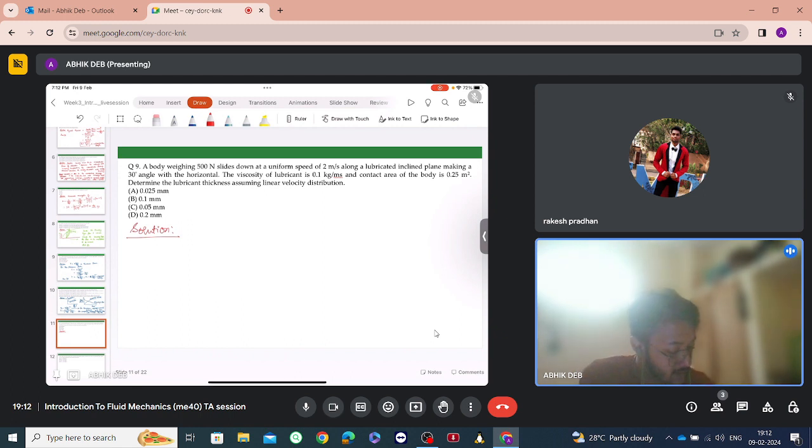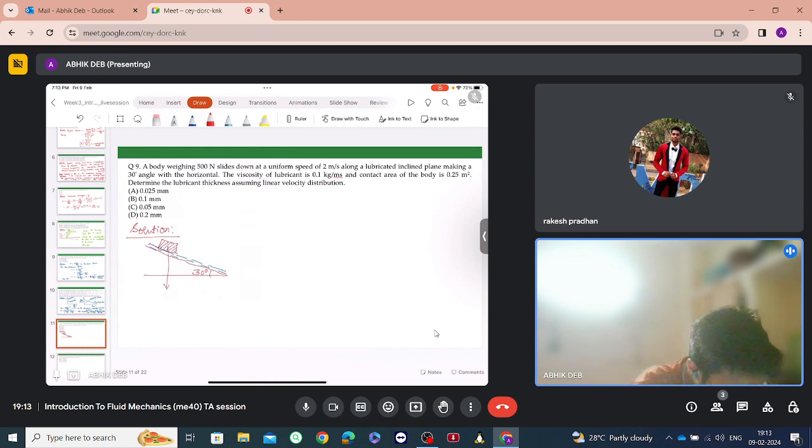What is the problem here? This is an inclined plane making an angle of 30 degrees, and there is a layer of lubricant on it. With this lubricant, a body that has a weight of 500 newtons is sliding down at a velocity of 2 meters per second.